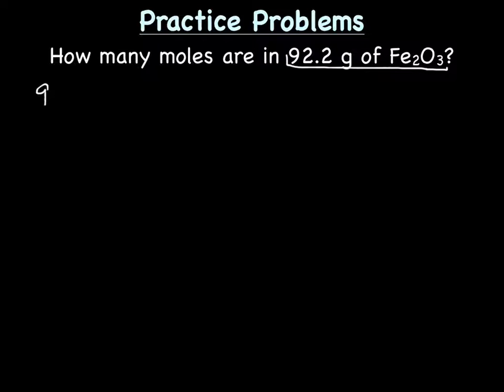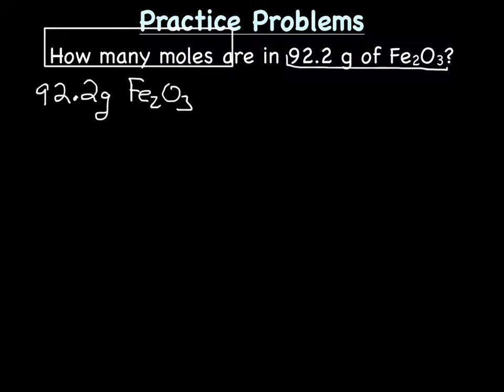So 92.2 grams of Fe2O3. And we'd like to find out how many moles that is. So equals X mole Fe2O3.